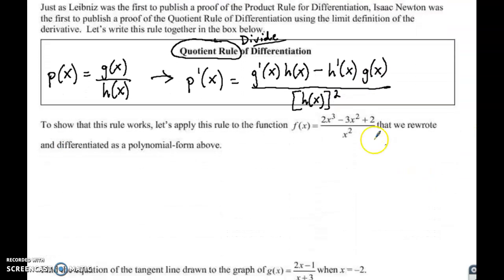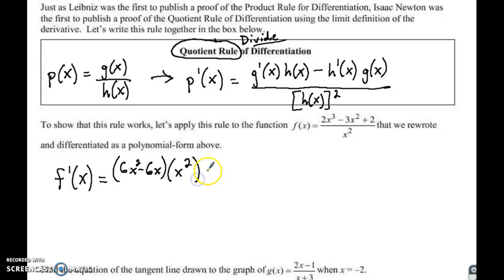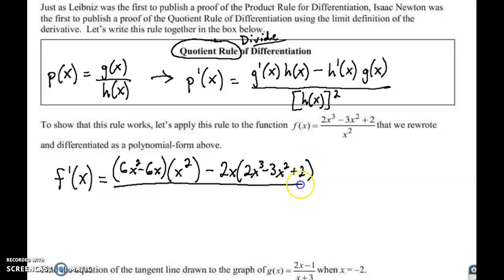So as we look at this problem, if I were to ask you to take the derivative that way, well, the derivative of the top would be 6x squared minus 6x times the derivative, leave the bottom alone, minus the derivative of the bottom, leave the top alone, all over the denominator squared.